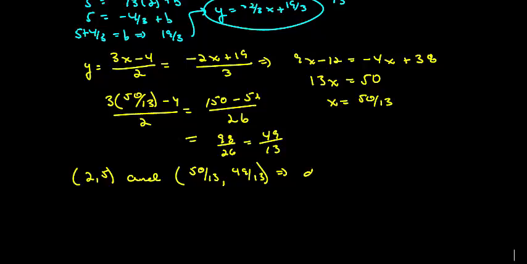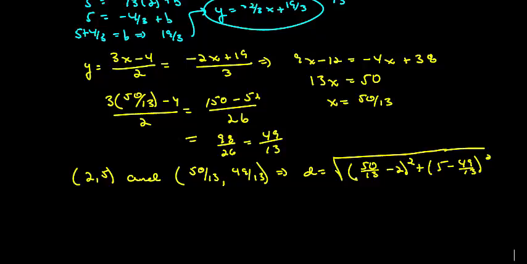So the distance is equal to the square root of the difference in the x's squared plus the difference in the y's squared. It's actually irrelevant which way I go, because we're squaring, so the only difference is one will be positive, one will be negative, and the square will get rid of it.